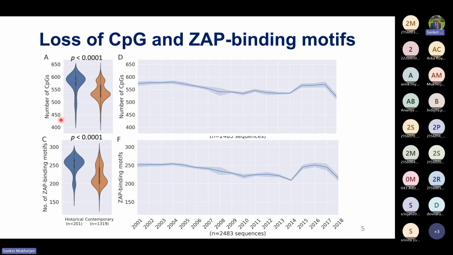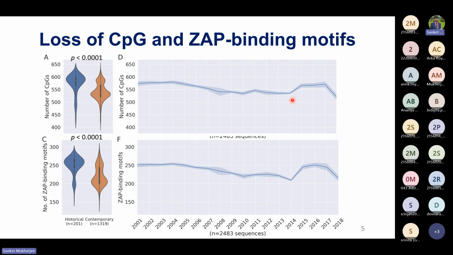As you can see, the number of CpGs has reduced in the contemporary sequences compared to the historical sequences. In the timeline between 2001 and 2018, there is an abrupt increase near 2014, 15, 16.